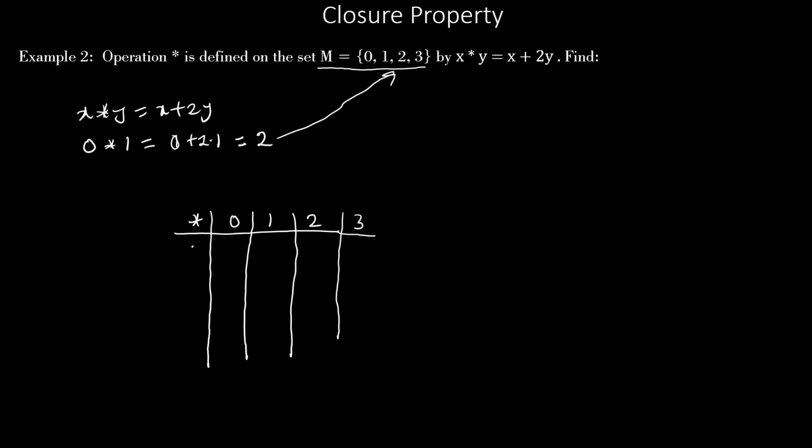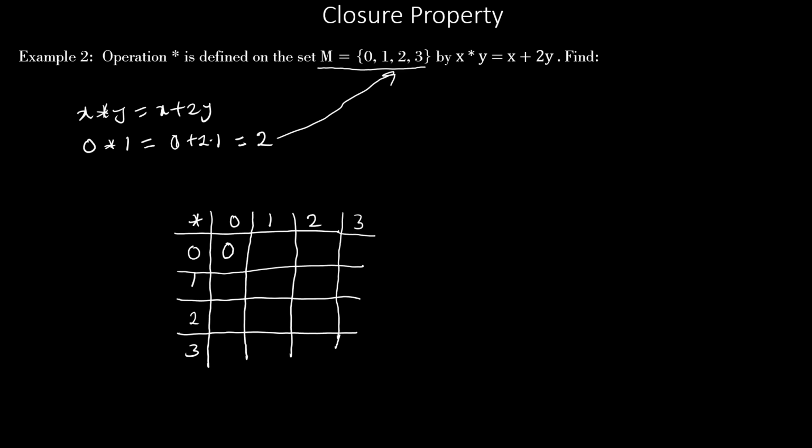The same thing we should have here: 0, 1, 2, and 3. So we have to look at every element of this set and compare them with each other. So if you have 0 asterisk 0, the answer is going to be 0. So feel free to work this out and fill the whole box.